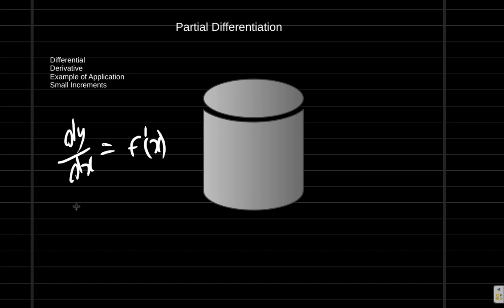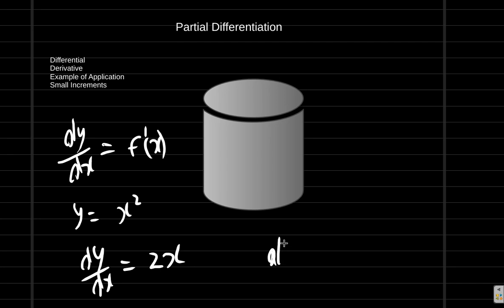If you find that you have y is equal to, say, x squared, dy by dx is equal to 2x, alright? Then dy, let me rewrite that, dy would then be equal to 2x dx.